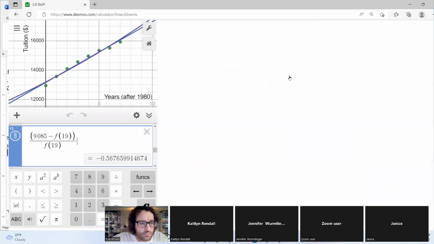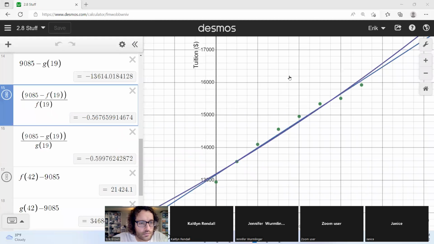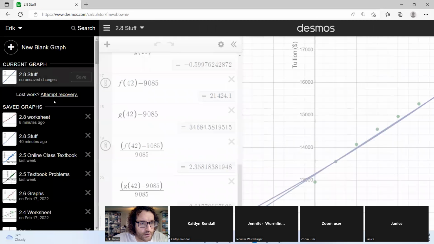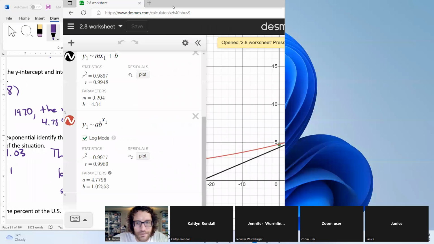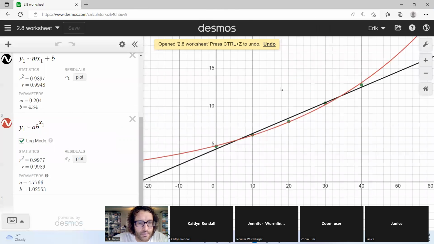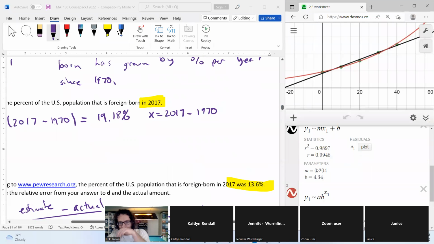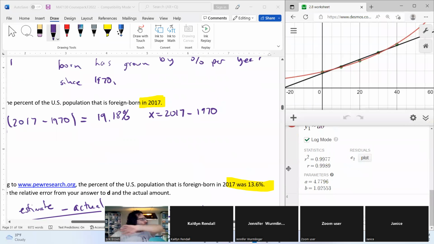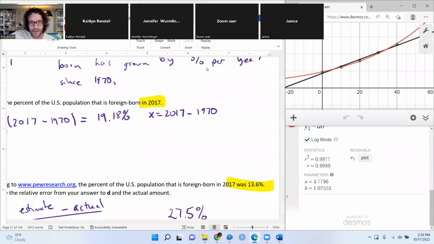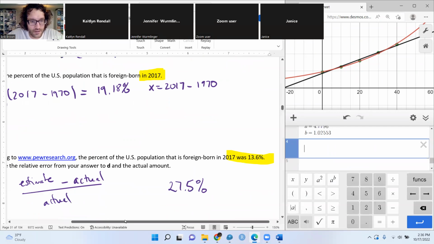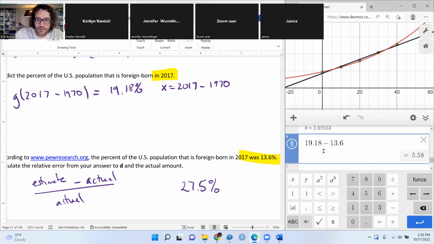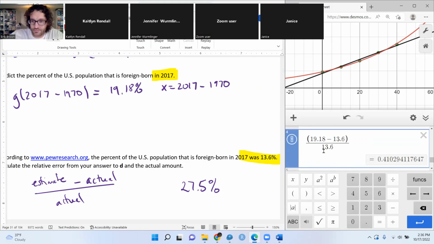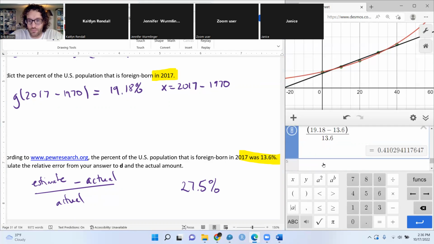Let's see. Let me do a calculation for it. Man, I keep not saving it. So we're going to do the 2 different answers we could get for this last question. If we do estimate minus actual, that'd be 19.18 minus 13.6 divided by 13.6. There's the 41.02 blah blah blah.